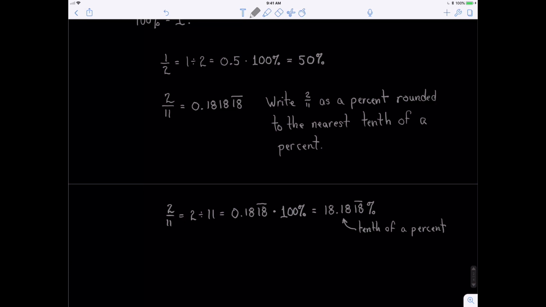If we want to round to the 1/10 of a percent, we look to the number immediately to the right. It's an 8, and because it's an 8, we're going to round the 1 up by 1 unit. So this becomes 18.2%. And that is how you write a fraction first as a decimal, and the decimal as a percentage. Hope that helps, and thanks for watching.